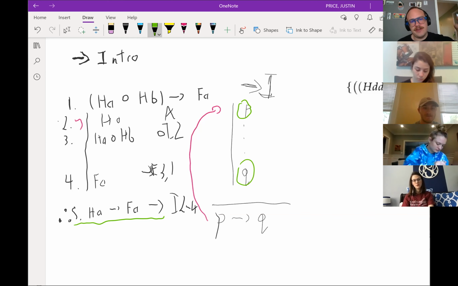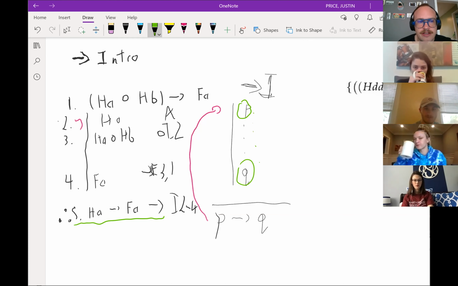Well, if we assume something and use the rules of inference to get something else, we know that there is a conditional relation between those two things. In fact, any line has a conditional relation to the line before it in the derivation.